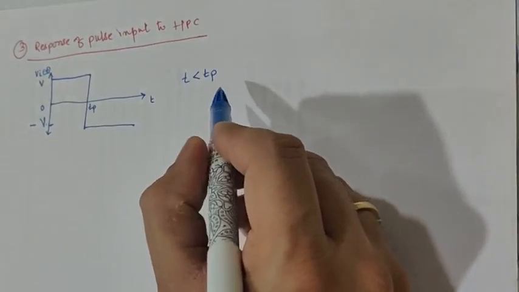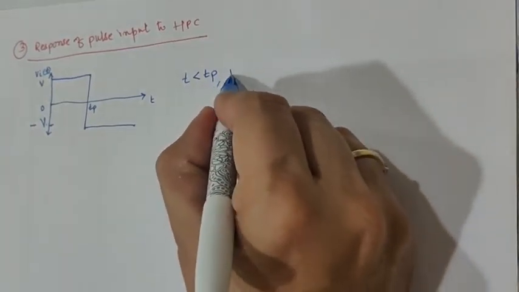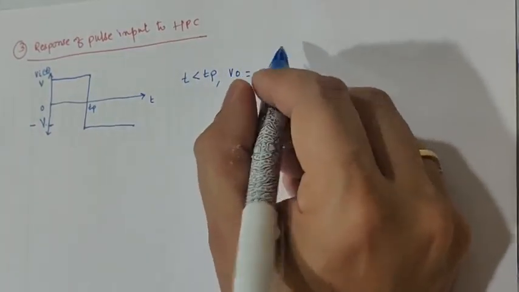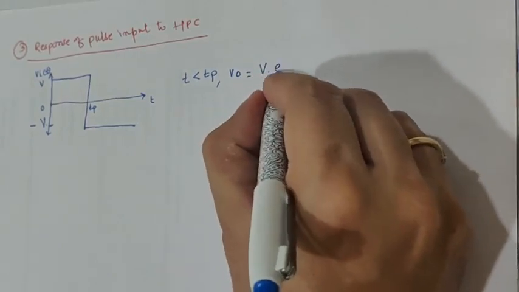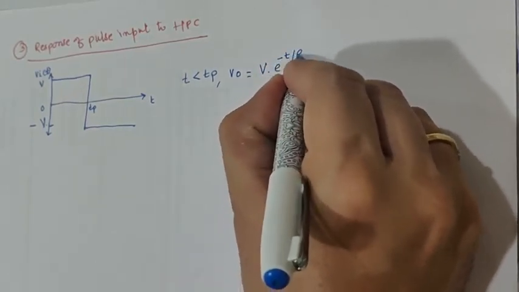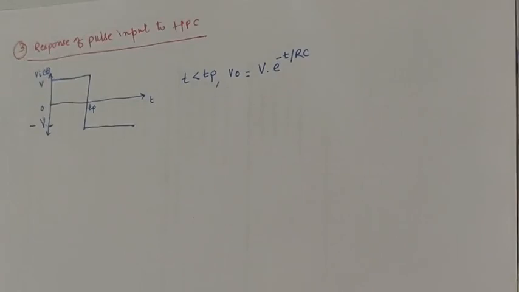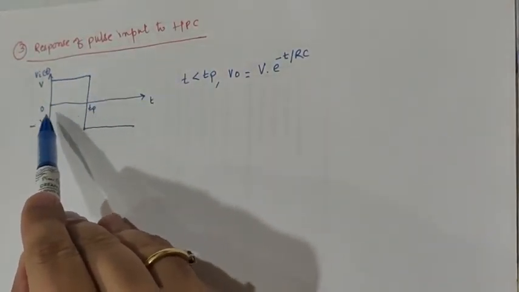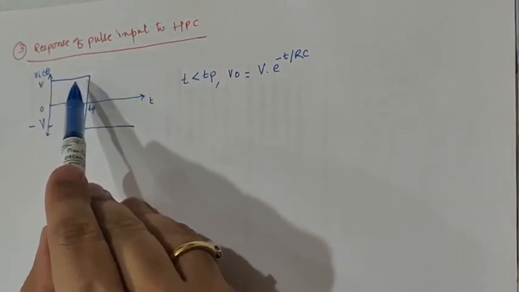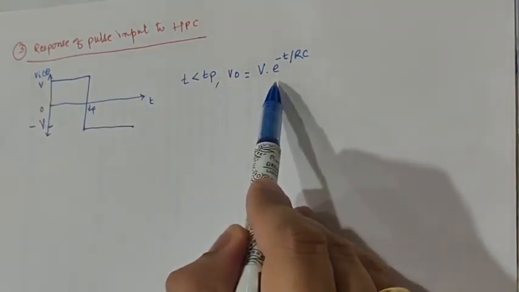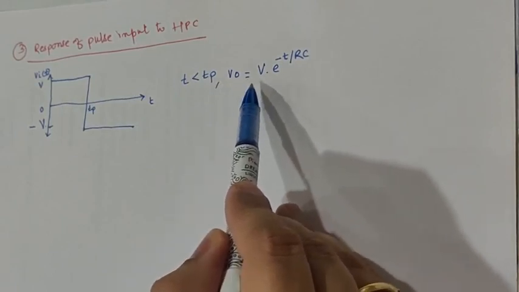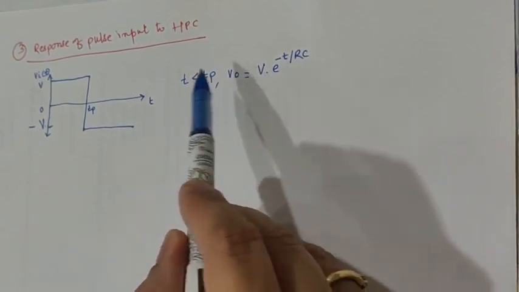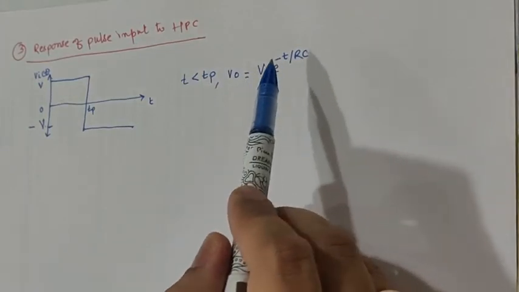Therefore the output equation I can directly write as V into e to the power minus t by RC, that we have already seen. For this period 0 to tp, the input is V, so the output is V into e to the power minus t by RC, which is an exponentially decaying waveform.